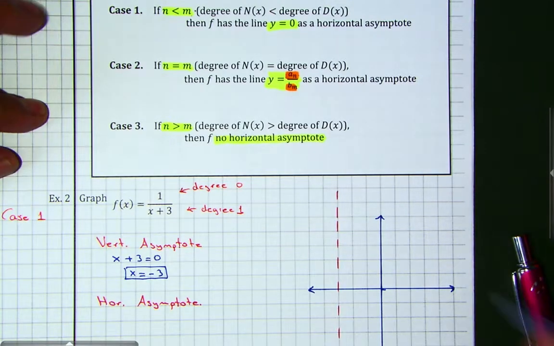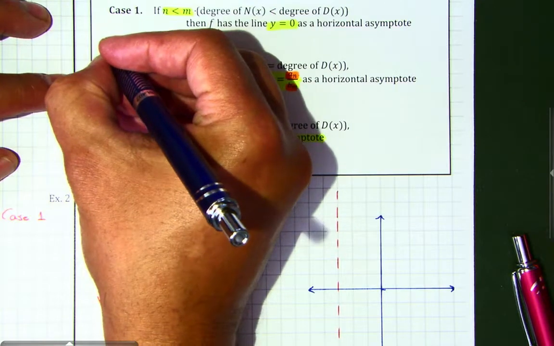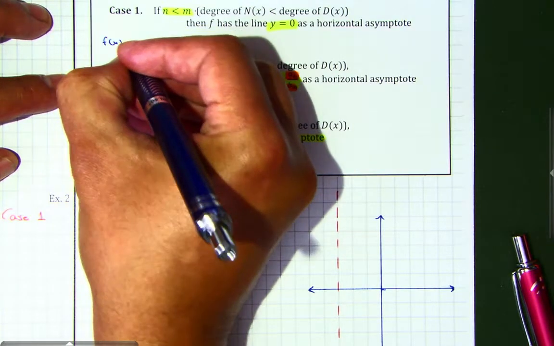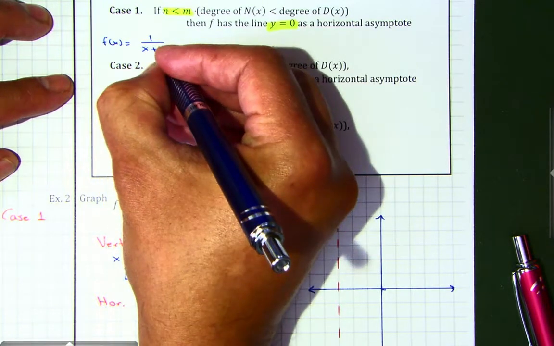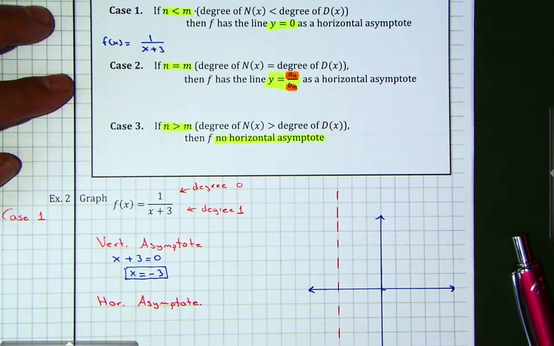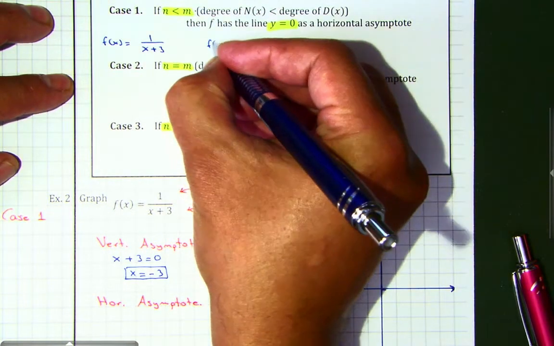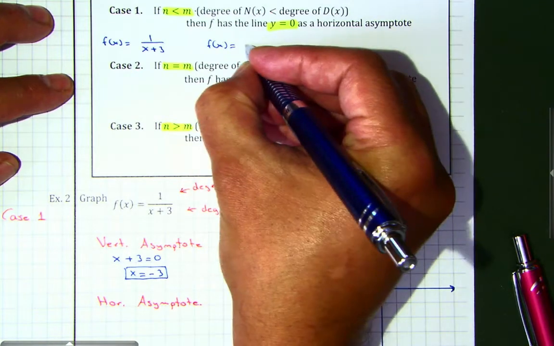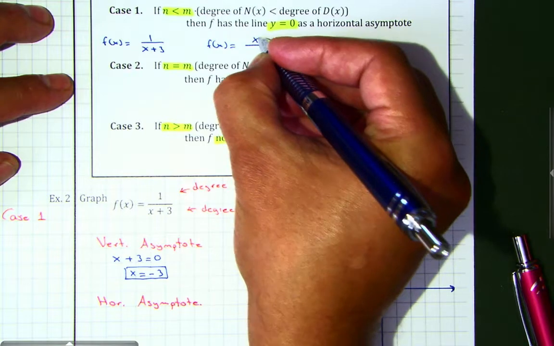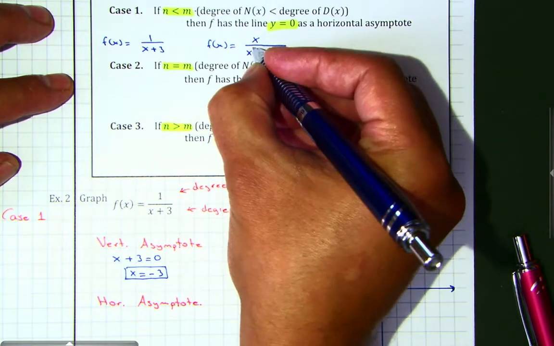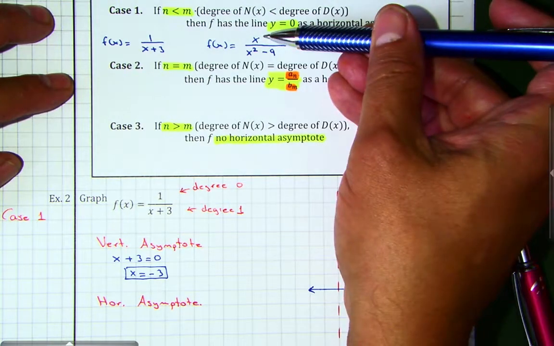So some of the examples that you will see, let's write down the first example. If you have f of x equals 1 over x plus 3, or we can have f of x equals x over x squared minus 9, your numerator has a smaller degree than your denominator.